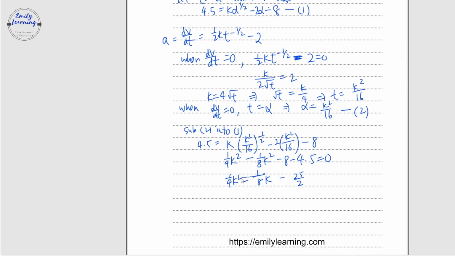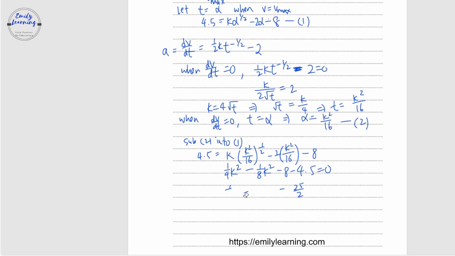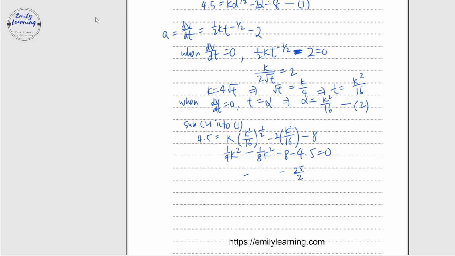Let me combine 1 over 4 minus 1 over 8. I'll get 1 over 8. So k squared is equals to 25 over 2 times 8, so k squared is equals to 100. k is equals to square root of 100, which is 10.